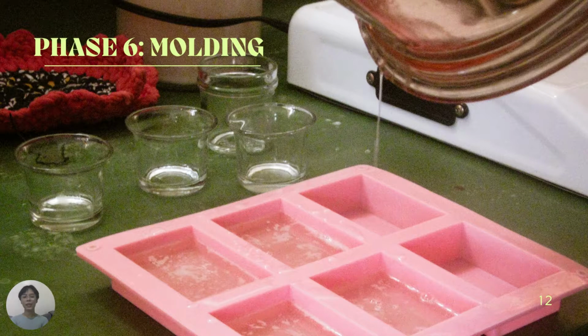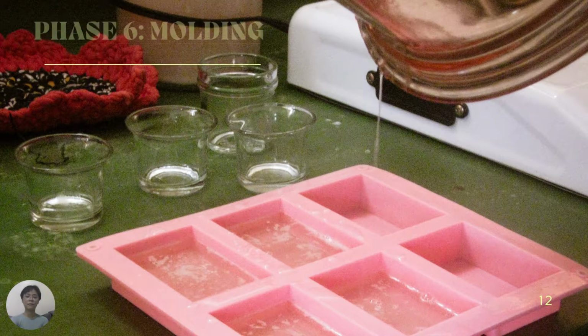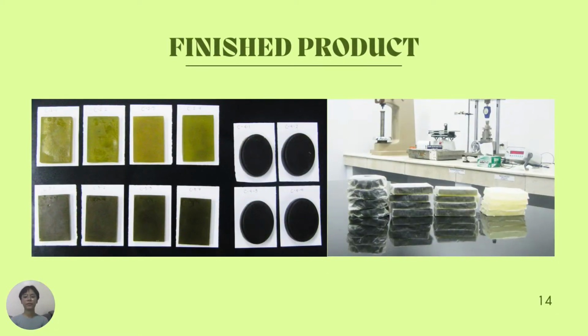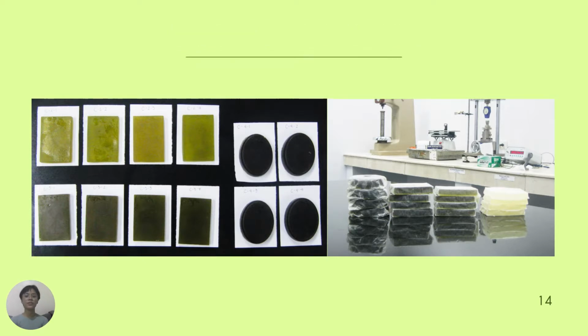After everything is saturated, we prepared our molders and poured the mixture into them. And lastly, we waited for it to harden as the curing process occurred. And these are the final products where we get to test their solubility and hardness.